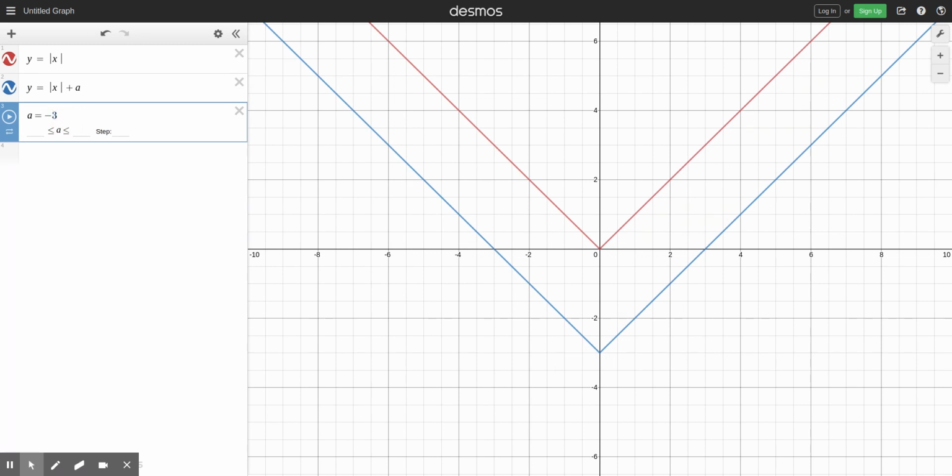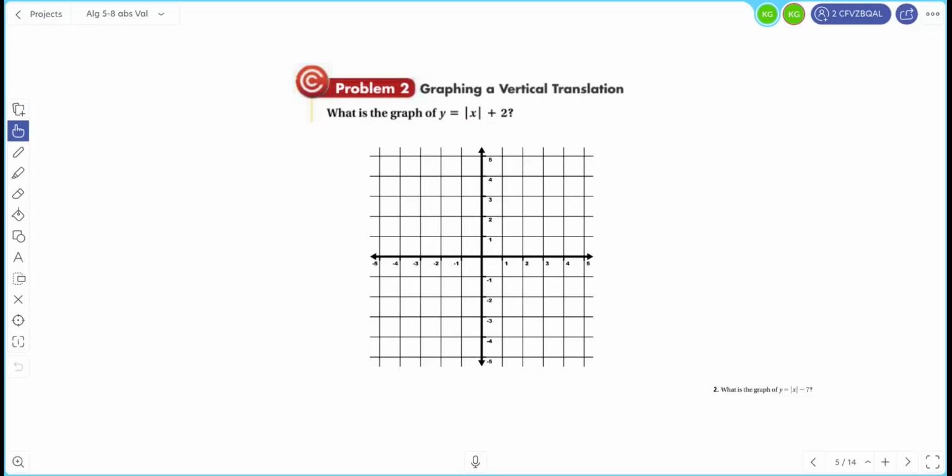So let's look at this. Here, what we have to do is graph a vertical translation.